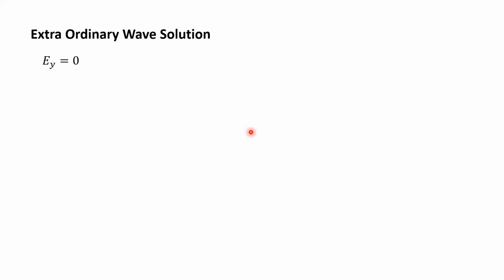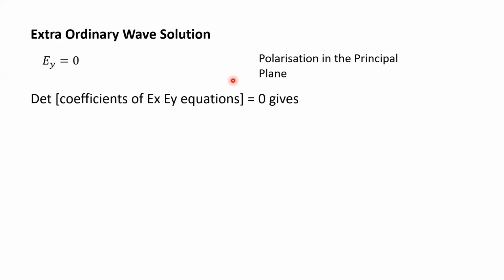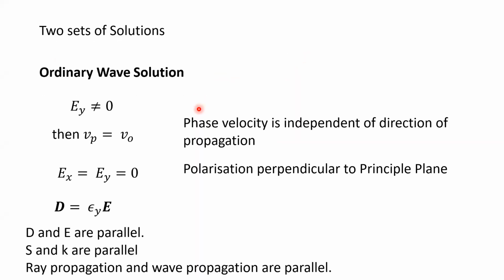But that means if Ey is 0, then the polarization is in the principal plane, because Y is perpendicular to the principal plane. We are saying there's no electric field in that direction. So whatever electric field is there has to be in the principal plane. Remember, principal plane is defined by the optic axis, namely the z-axis, and the wave vector, the direction of propagation. Then what you do is you have two equations. Okay, let me go to the two equations.